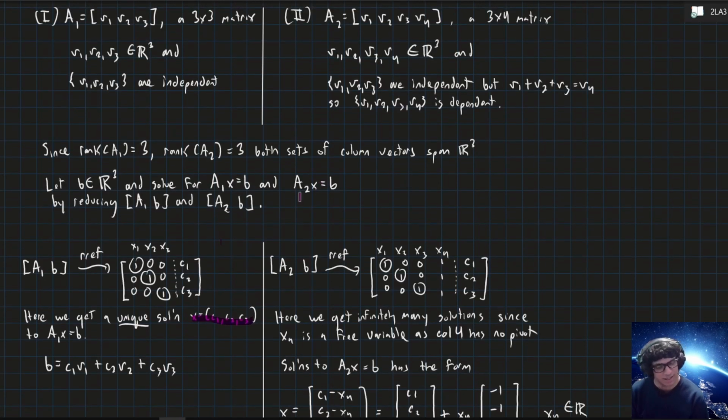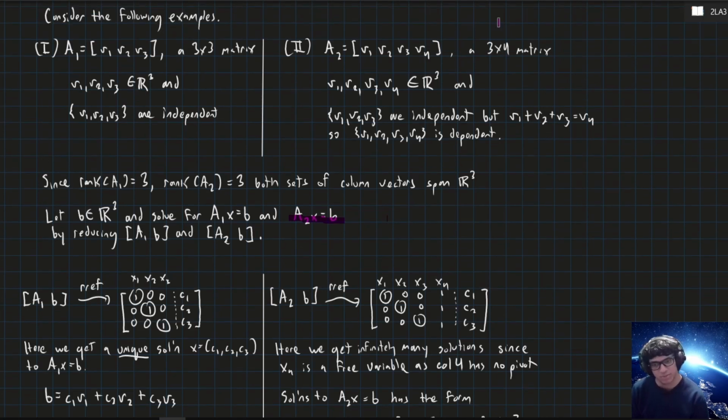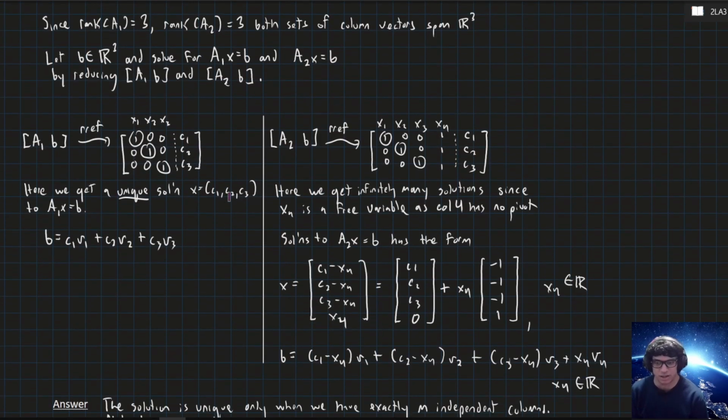I can't use that method for this equation, A2 x equals b. Why? Because A2 is a non-square matrix, and inverses aren't defined for non-square matrices. So that's another advantage to not having extra dependent columns or vectors.